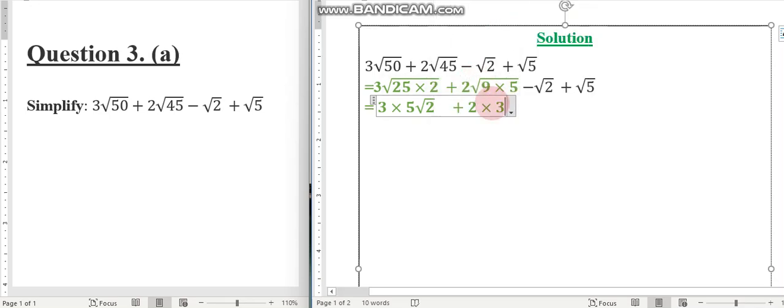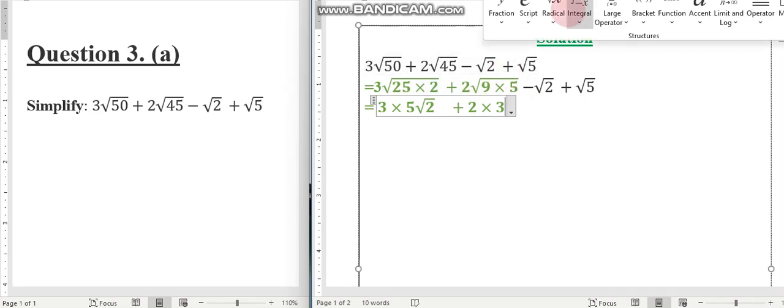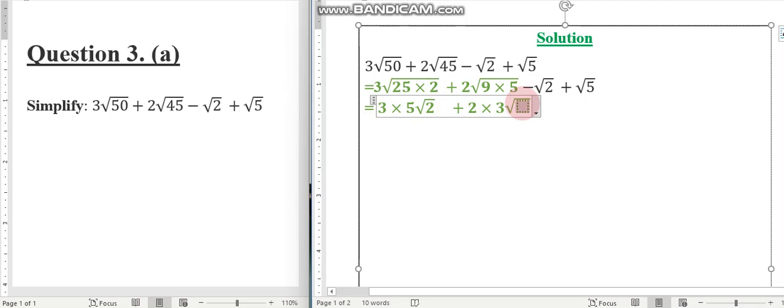Then root 5 cannot be simplified, so we bring the root 5 back again. Then we have minus root 2 plus root 5, which nothing can be done about, so we just copy and paste it there.